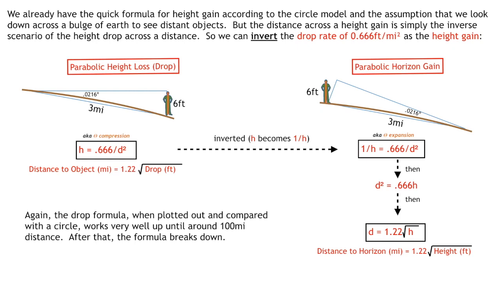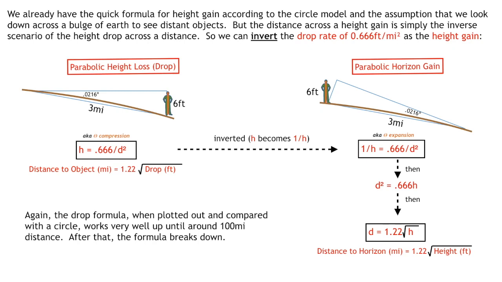So our height equal to 0.66 of a drop rate across the mile squared is then inverted. The h becomes 1 over h. So then 1 over h is equal to that same rate. And we can then solve for distance, and it becomes 1.22 times the square root of h, like we derived earlier.